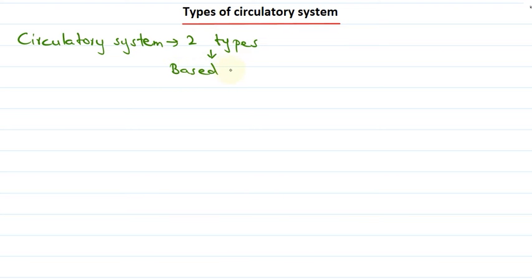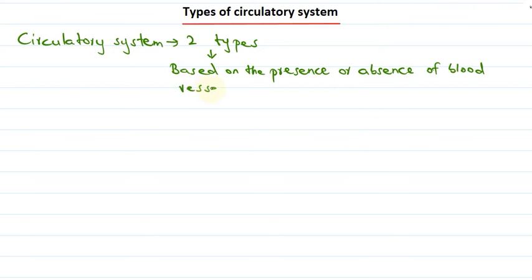So this circulatory system is of two types. And how are these types decided? These types are decided based on the presence or the absence of what? Of blood vessels.